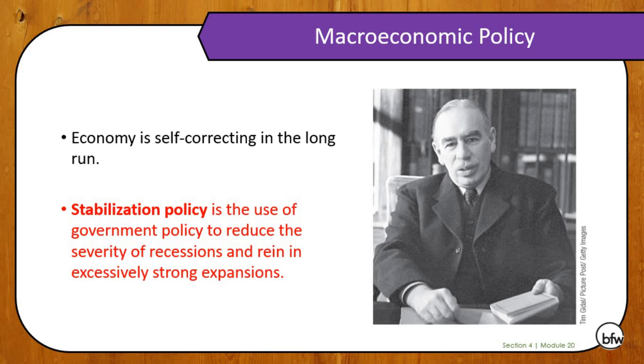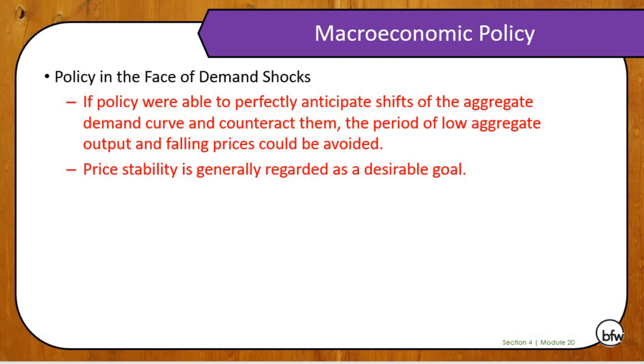And also, if the economy got too hot and there was too much inflation, then he advocated for a reduction of government spending and an increase in taxes to pay off the debt. So we'll talk about Keynesian economics in the next module or later on in the class. But basically, that's what he advocated for, for a government to step in and stabilize the economy during different periods. So, policy in the face of demand shocks.